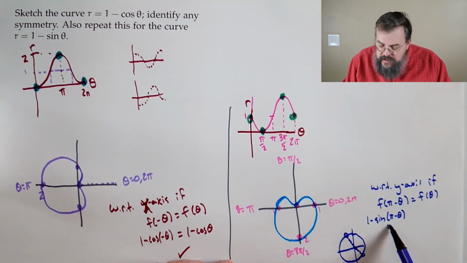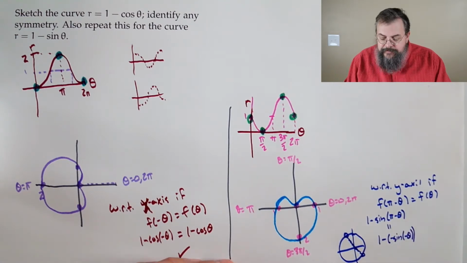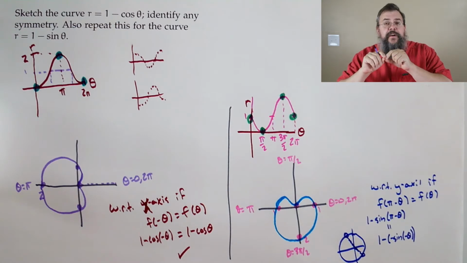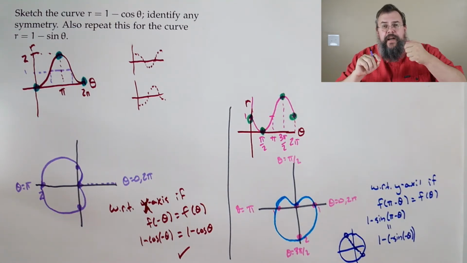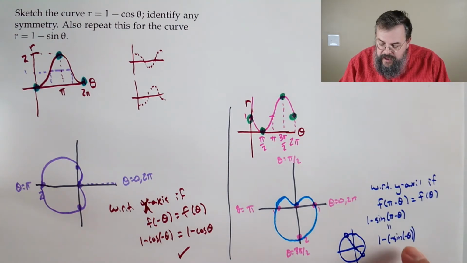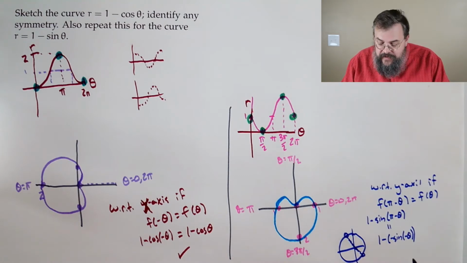So this is the same as 1 minus a minus sine of minus theta. What happened there is I took the fact that if I shift by a factor of pi, I put a minus in front. So I took that shift by pi out and put the minus in front. And then I say, well, wait, sine is an odd function.